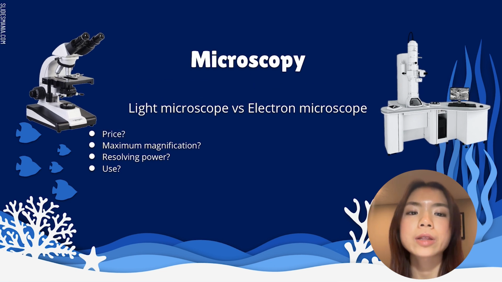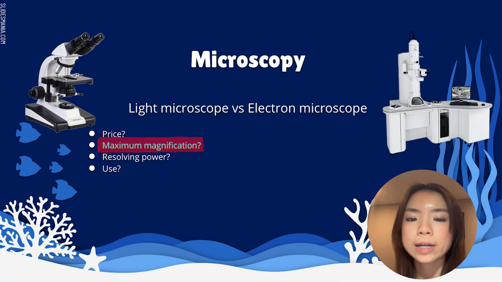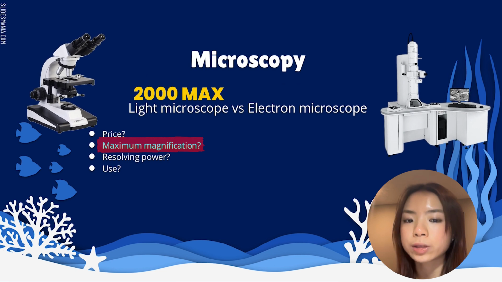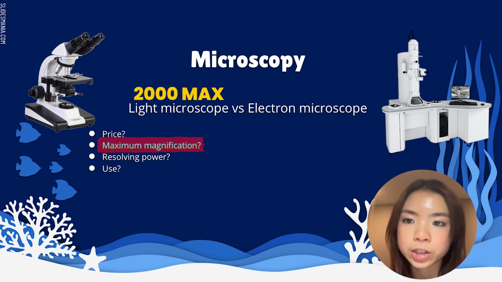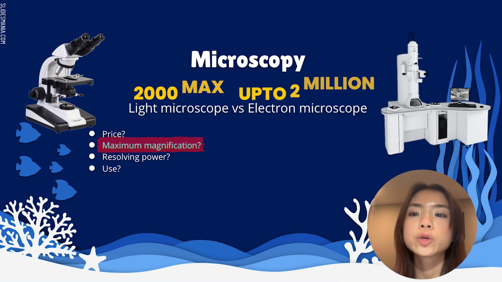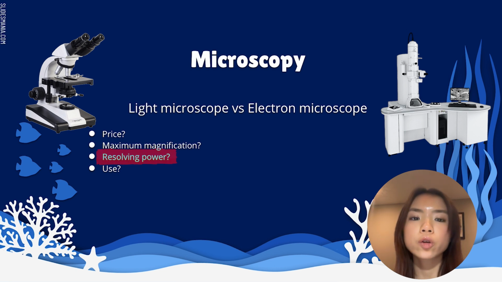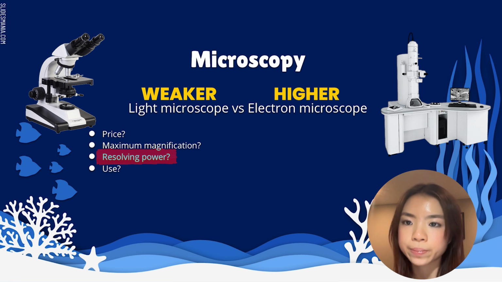Then, thinking about the maximum magnification, the light microscope has a maximum magnification of 2000, whereas the electron microscope has a higher magnification, up to a maximum of 2 million. Resolving power-wise, the light microscope has a weaker resolving power, whereas the electron microscope has a higher resolving power.